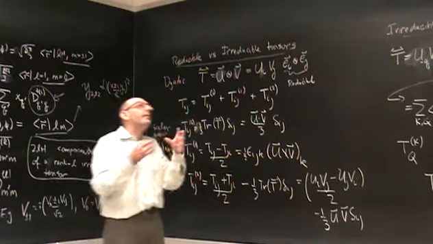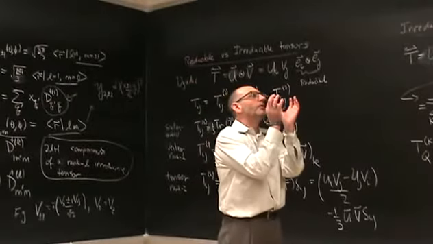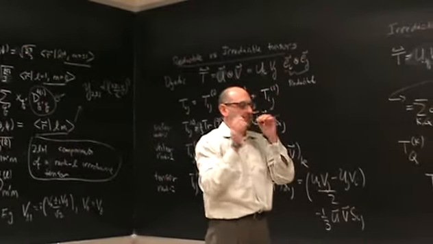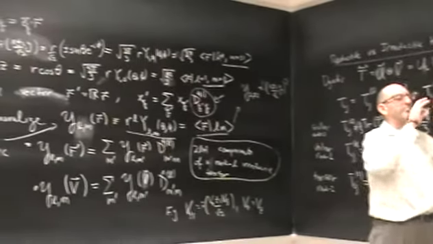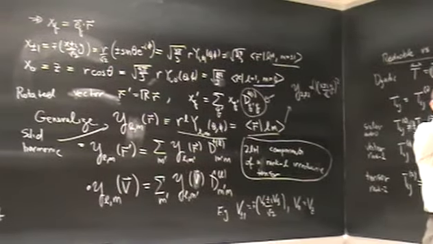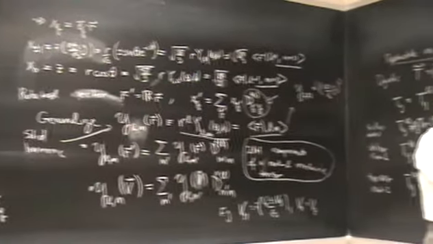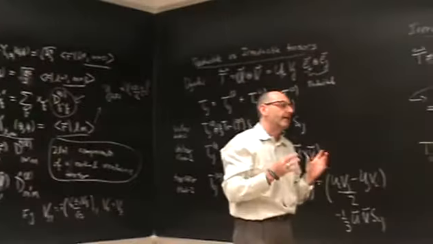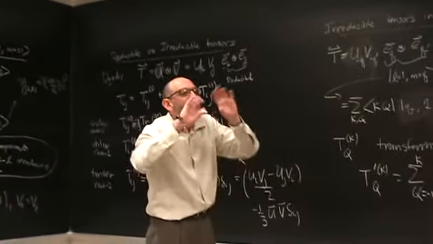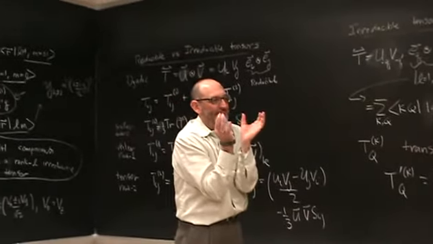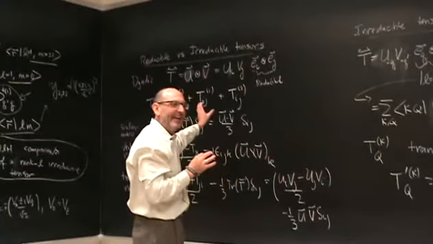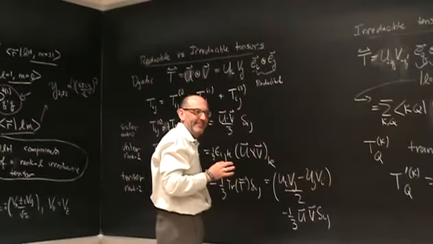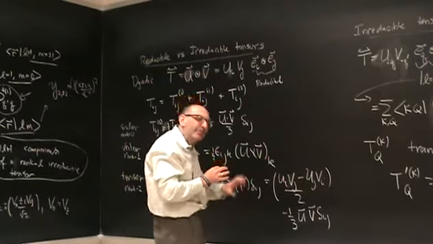Another way of saying it is that irreducible means there are components that never mix with one another. So they're kind of blocks. And the trace is invariant under a rotation. So it is just a scalar, and it doesn't ever mix with this part. So we take it out.